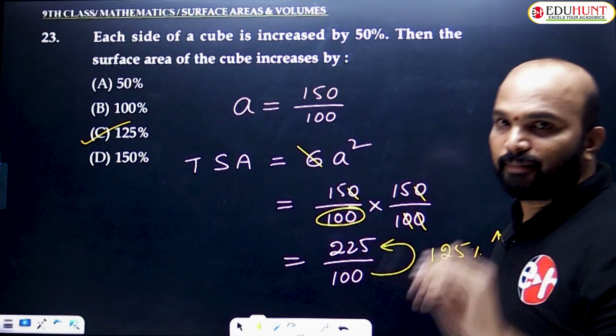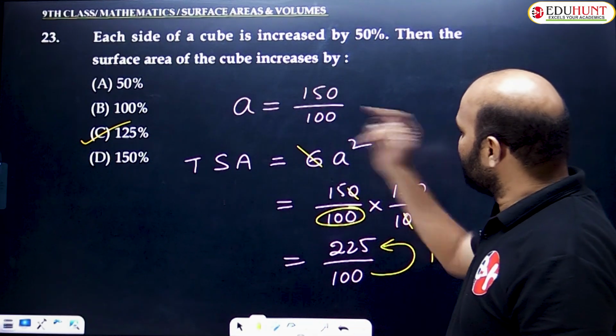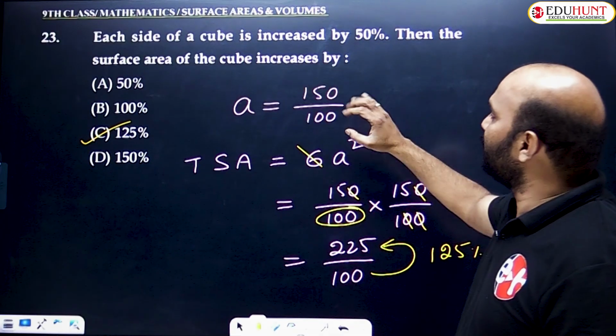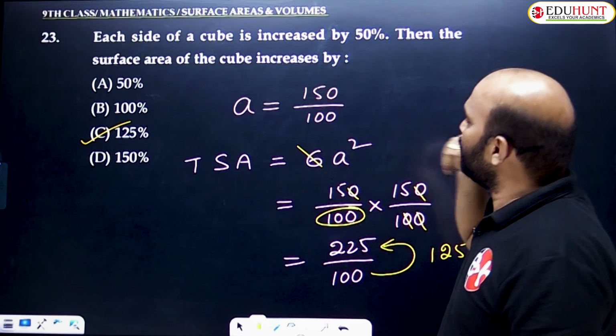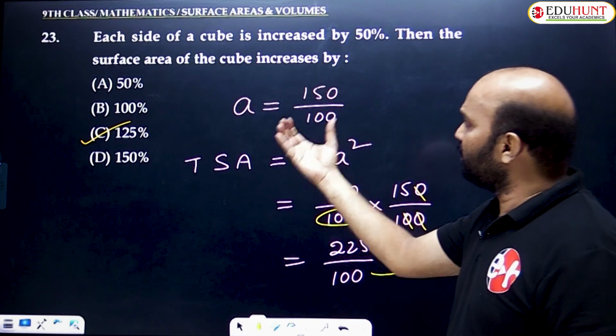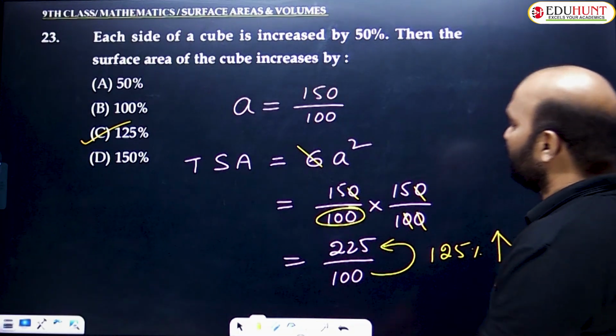If it is asking percentage changes, that means constant values are eliminated. So here a is the side of a cube. It increases by 50%, which is 150 by 100, so the denominator is the original and it becomes 150. The next question is the increasing percentage in its surface area, 6a square.